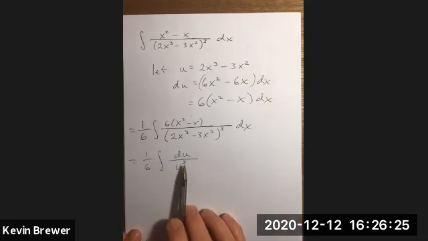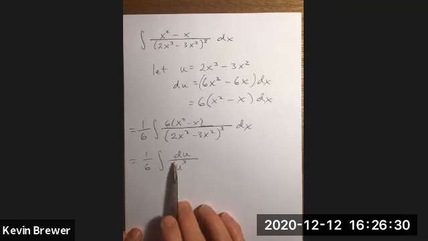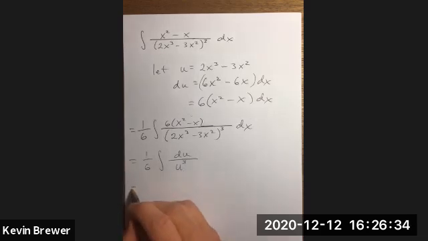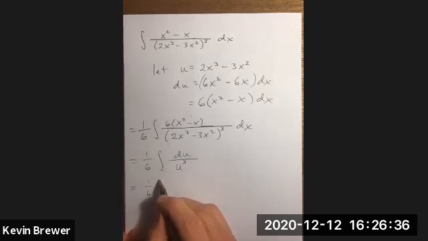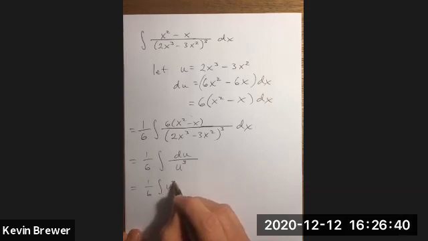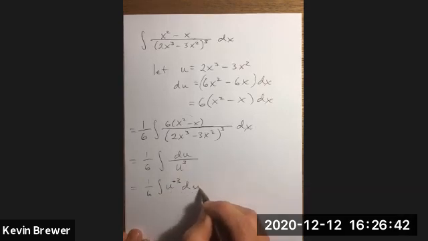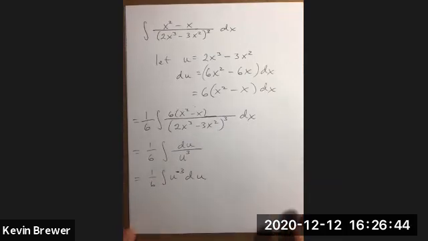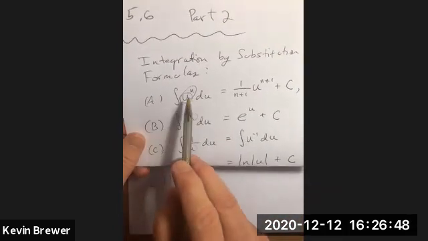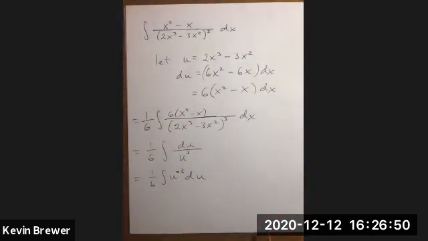Well, we've got u to a power in the denominator here. So let's rewrite this. We can't take the antiderivative yet. We have to first rewrite this as u to the minus 3 du. And now it's written as form A, u to a power du.